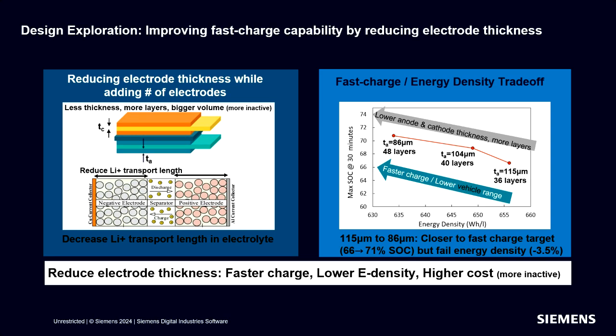We now fail that. We were targeting a higher value than what's now given based on this design. Therefore, in this instance, the electrode thickness design parameter won't solve all the problems, as it does reduce the energy density, but it can create opportunities for trade-offs.